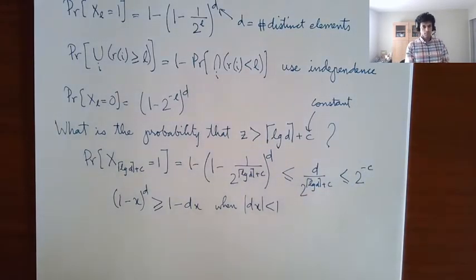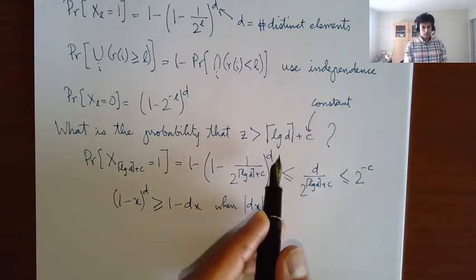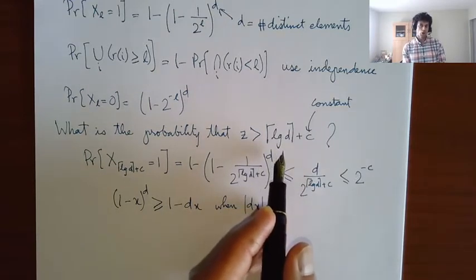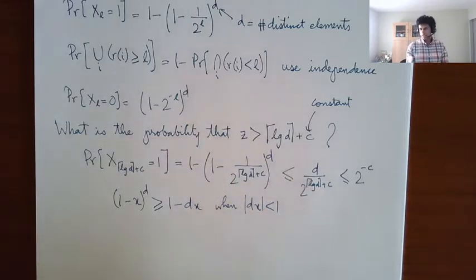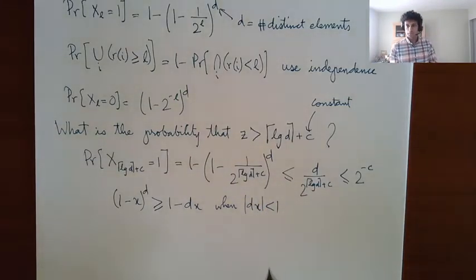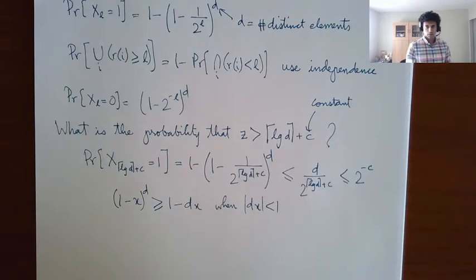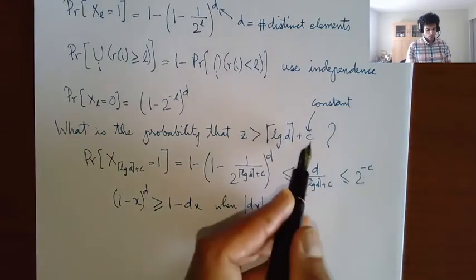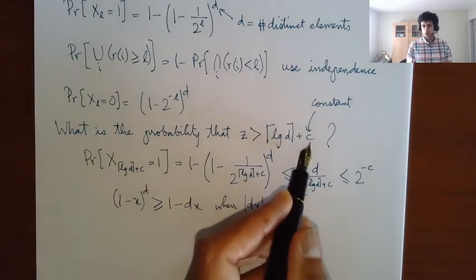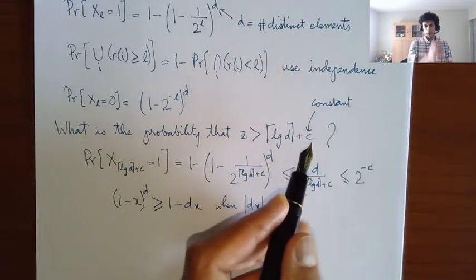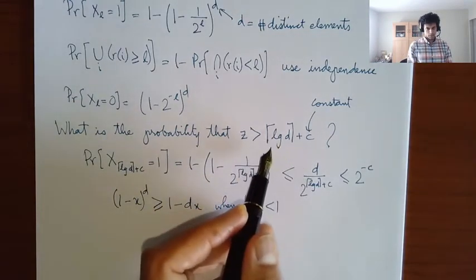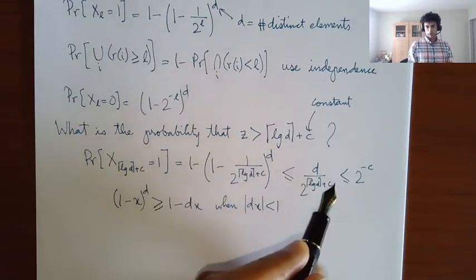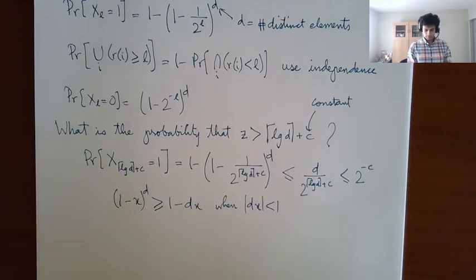So the probability that my final output is going to deviate from log D by even 1 or 2, the probability that the estimate of log D is off by even a constant, goes down exponentially in that constant.